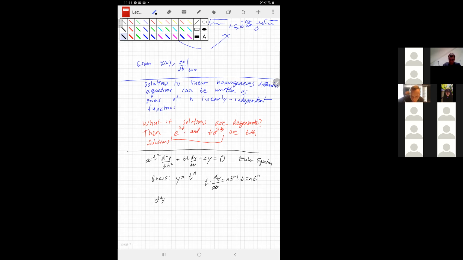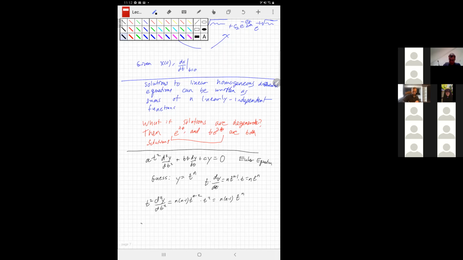And if I take the second derivative, then I get n times n minus 1, t to the n minus 2. And if I multiply by t squared, I get n times n minus 1, t to the n.